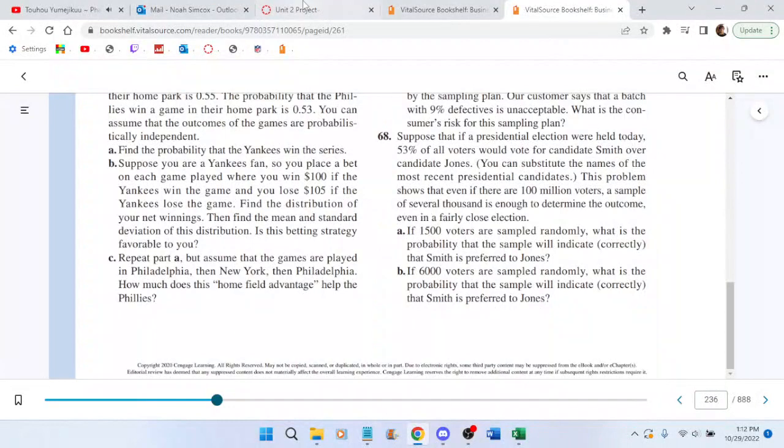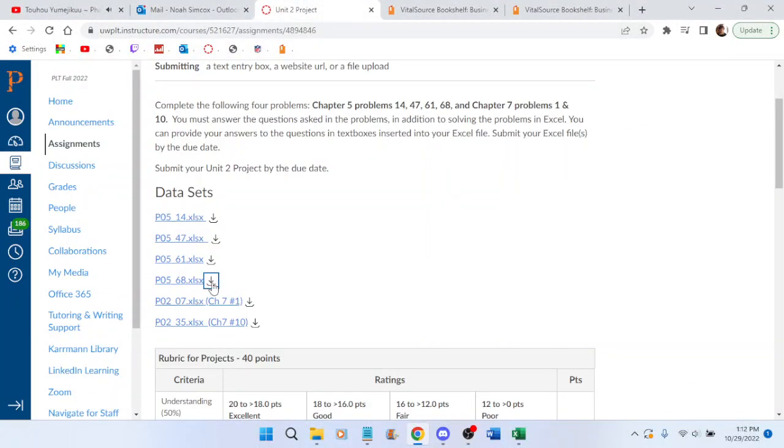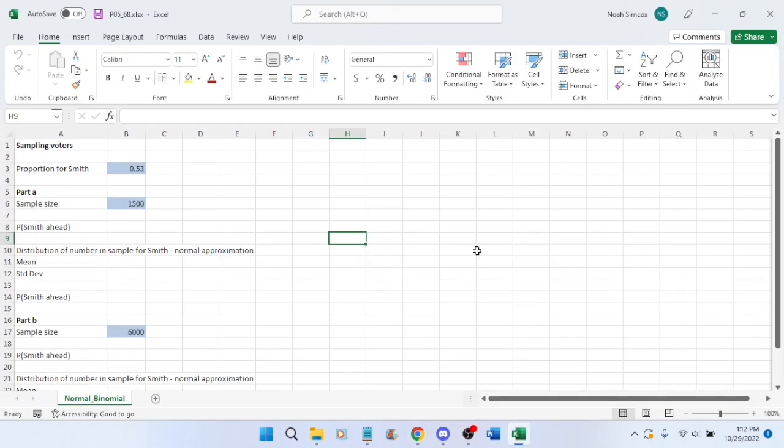So yeah, we're currently doing number 68. And I'm really hoping that these two will be very easy considering the fact that I had an instructional video to help me with that chapter. God, it's taking forever.